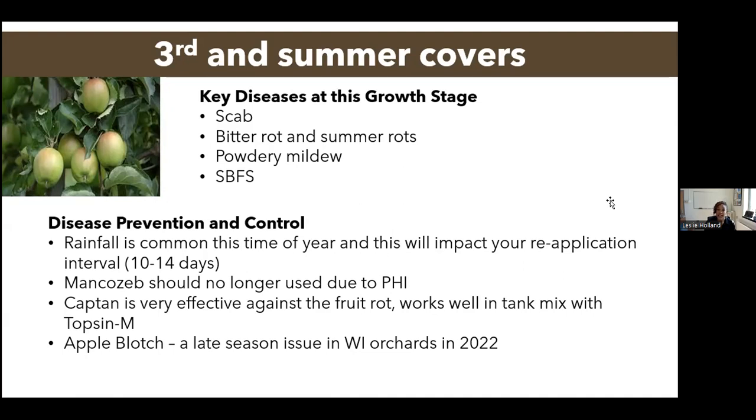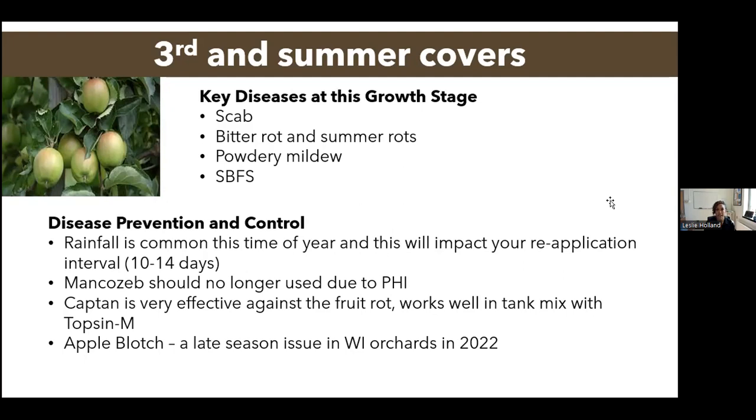And again, I think this actually had to do with the fact that we had quite a few late season rains in both August and September. And so there was likely a gap in coverage of our fungicides, and we saw this disease break out in several orchards. It causes a blotch kind of spot on the leaves, somewhat similar to apple scab, but we also saw some orchards that had actual fruit infections as well.